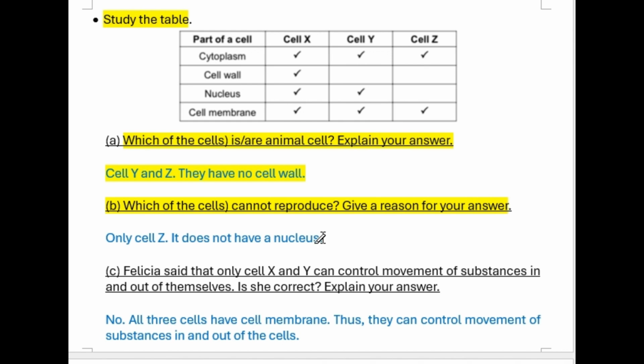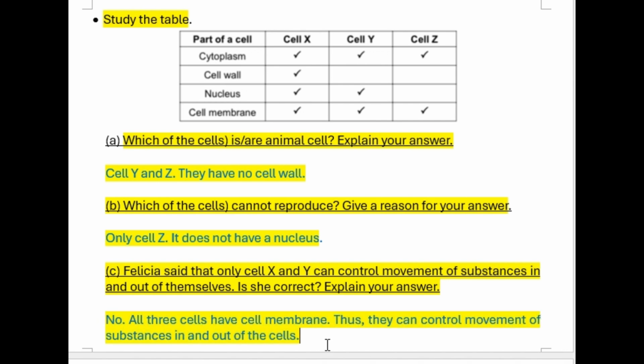Only cell Z. It does not have a nucleus. C. Felicia said that only cell X and Y can control movement of substances in and out of themselves. Is she correct? Explain your answer. No. All three cells have cell membrane. Thus, they can control movement of substances in and out of the cells.